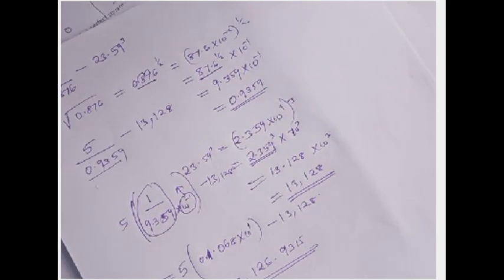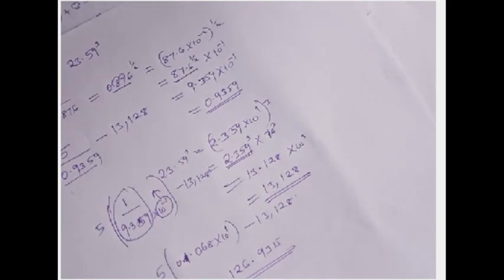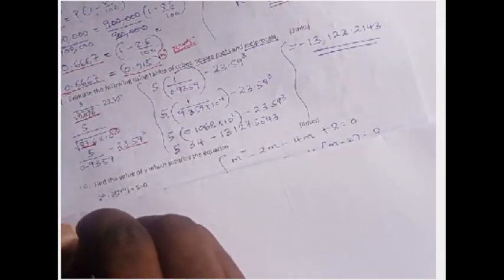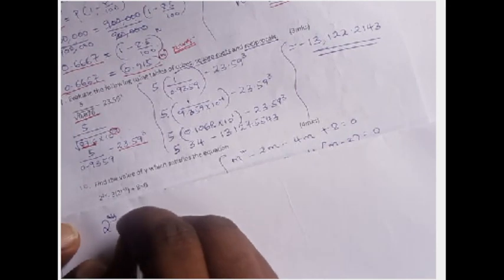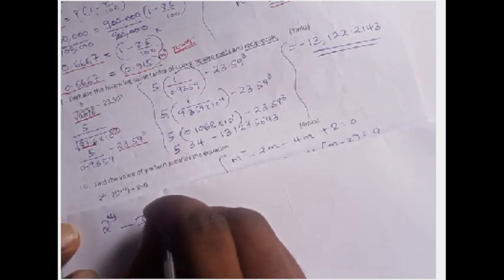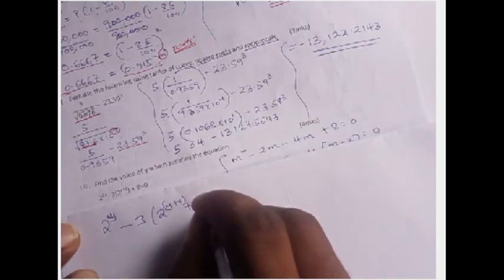Question 10 says, find the value of y in the expression 2 to the power of 2y minus 3 into 2y plus 1 and then plus 8 is equals to 0.